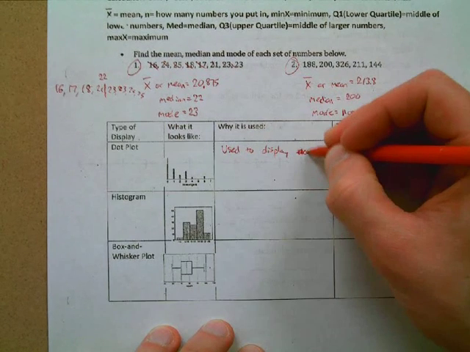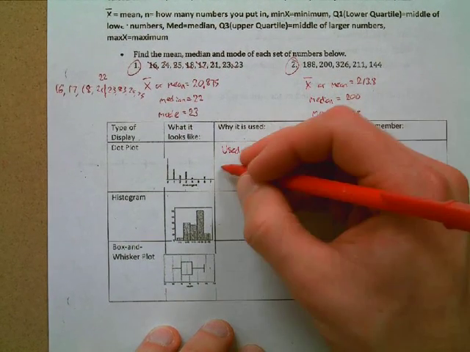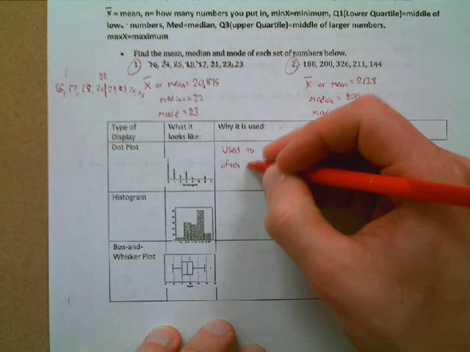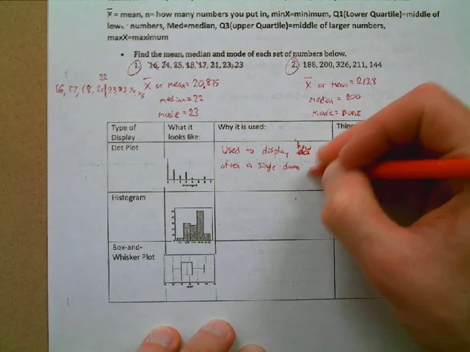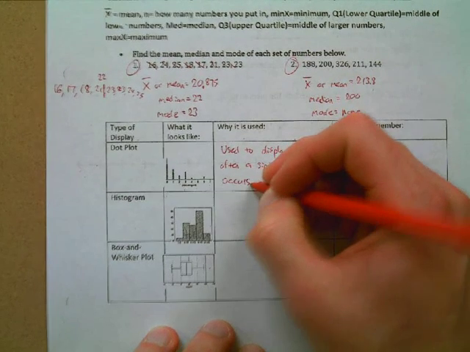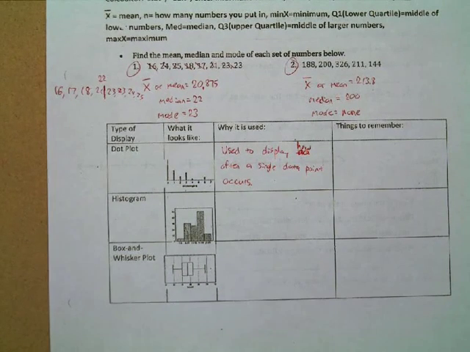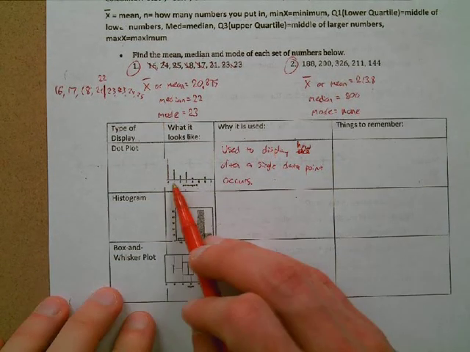It's used to display how often a single data point occurs. Okay, it's used to display how often a single data point occurs. Right? If you look here, these are all representing single data points. 0, 1, 2, 3, 4. These are all single data points here. Okay?